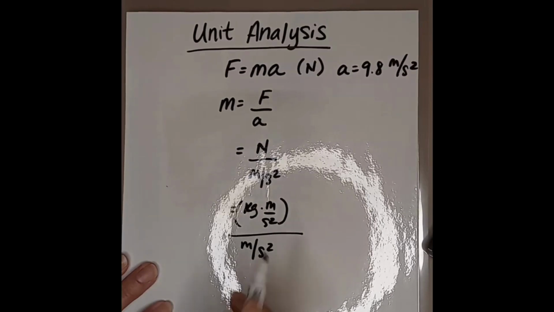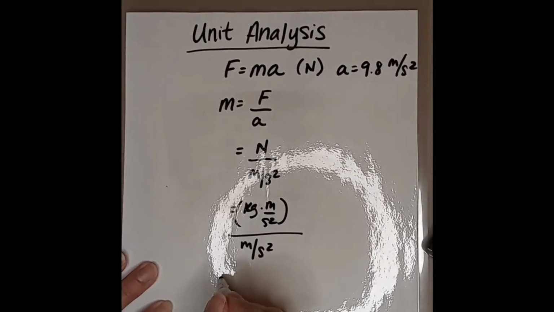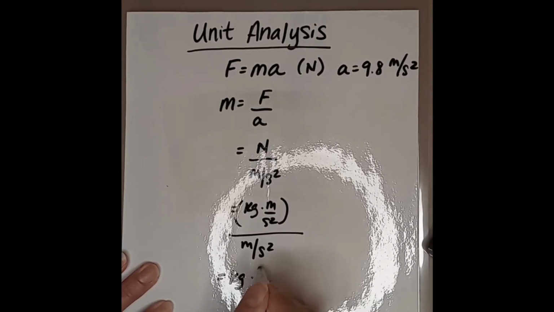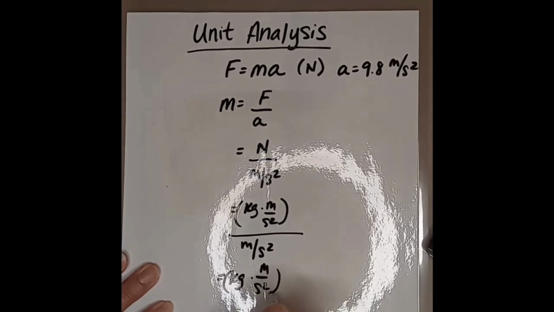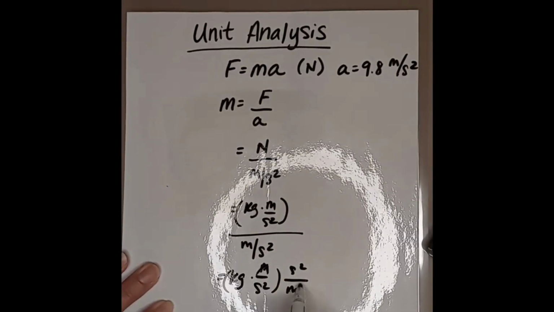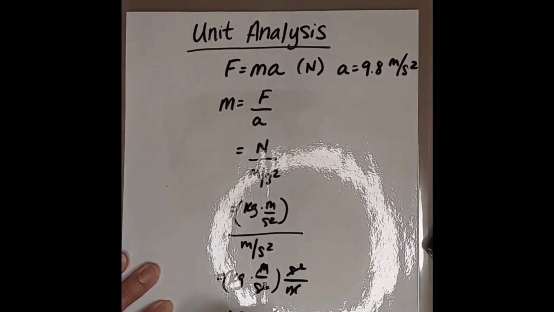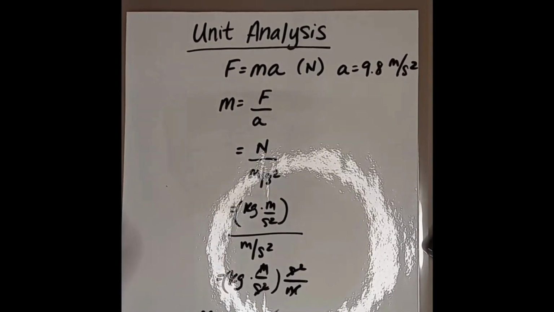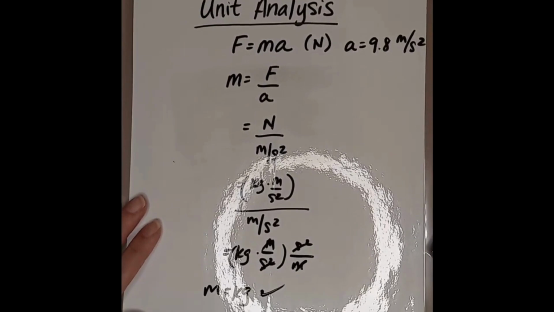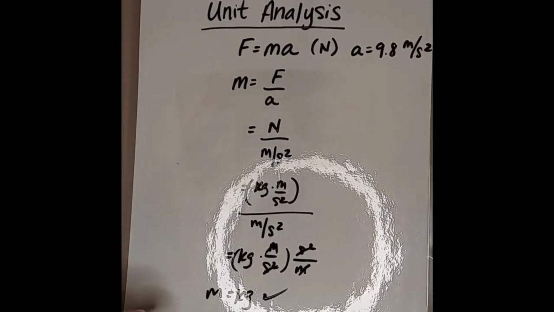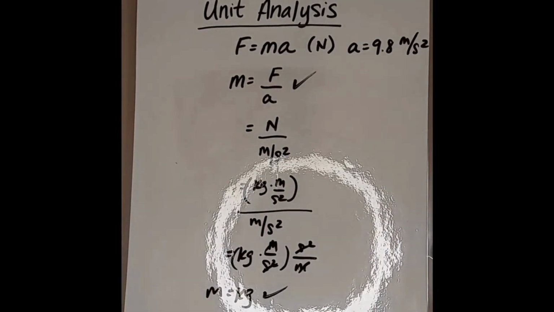And when you do all this, you can do the whole thing out. Dividing by that means we're going to multiply by that. And our unit is kilogram. So there we can see we got the right units for mass, should be kilograms. So we know that this is the correct solution of that equation for mass. So again, just a quick way to look at unit analysis. You don't have to worry about numbers. You just go through and see if your units work out correctly.